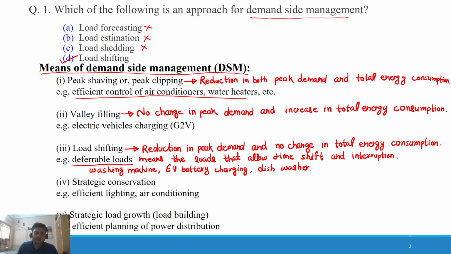So there will be an increase in total consumption, and we have nothing to do with the peak demand.